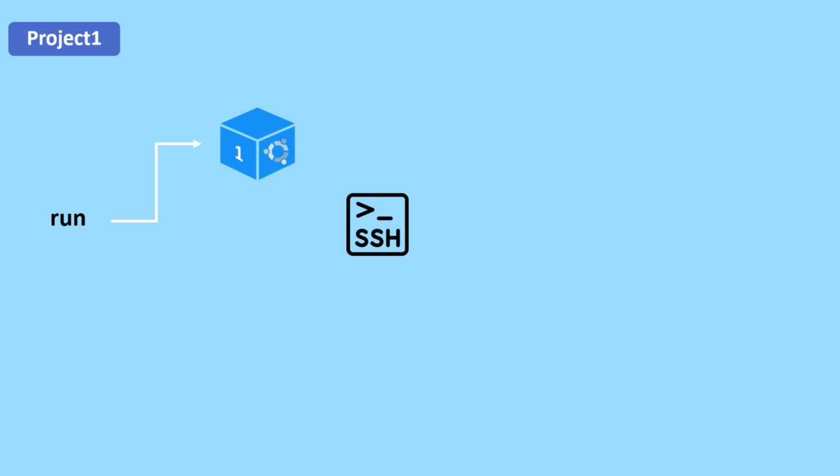Specifically, we are going to install the OpenSSH server package on the first container, container 1, because it allows the container to act as an SSH server and accept incoming SSH connections. This package includes the necessary components for running an SSH server.